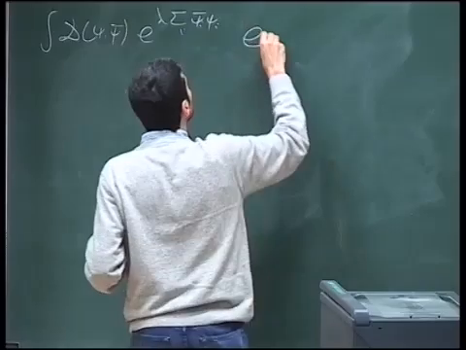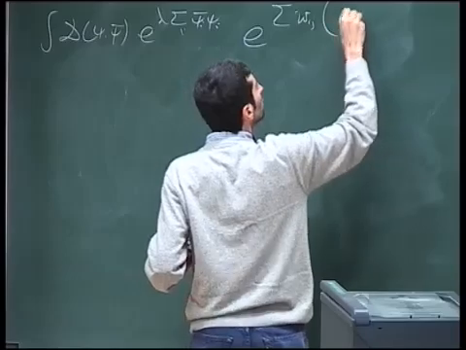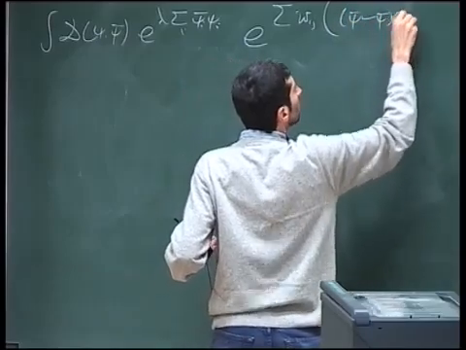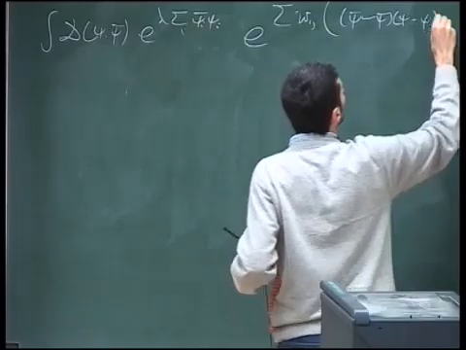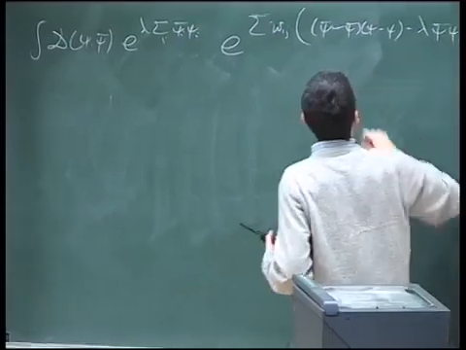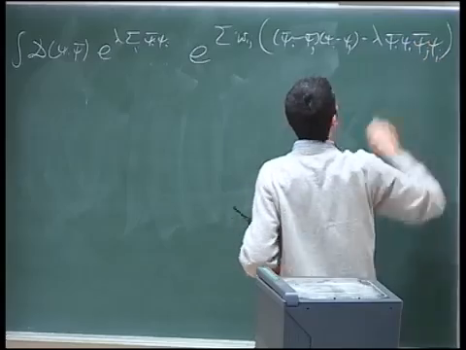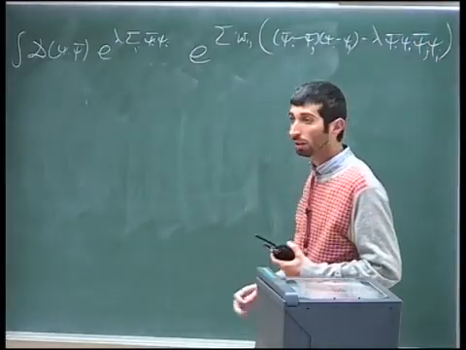And then there is e to the sum over wij, some expression which is this one. That's just the same.